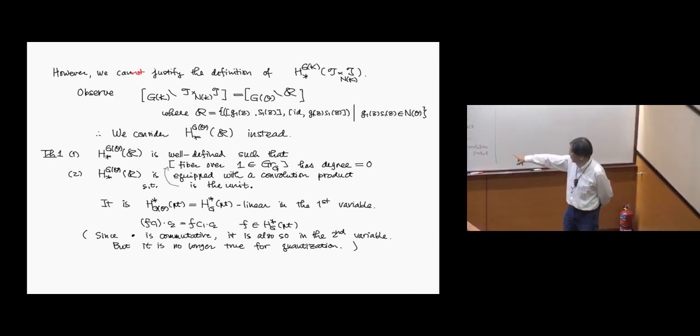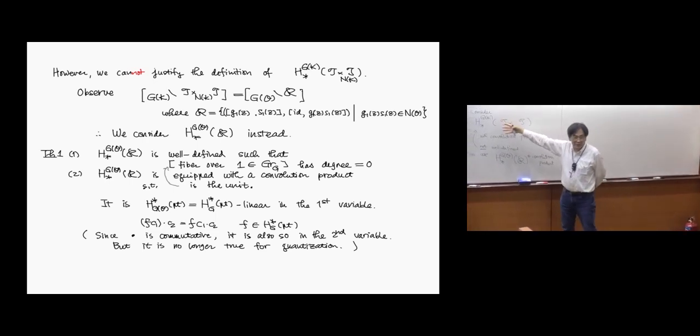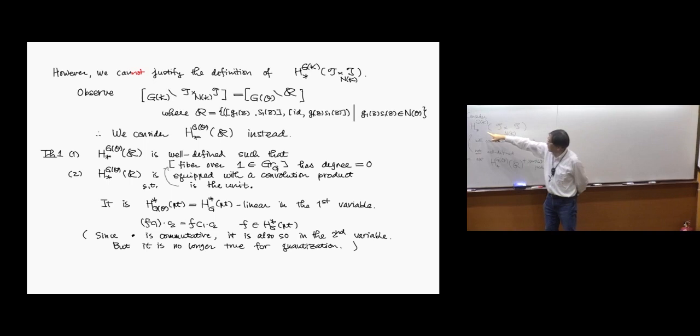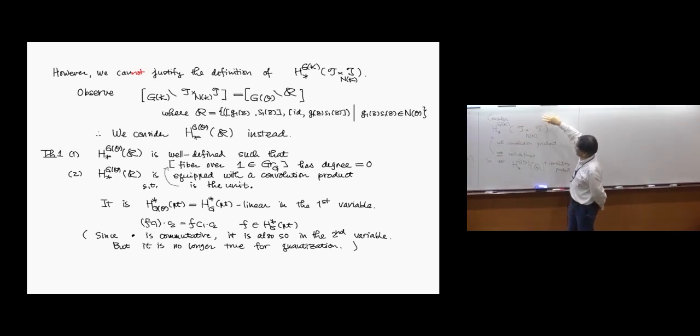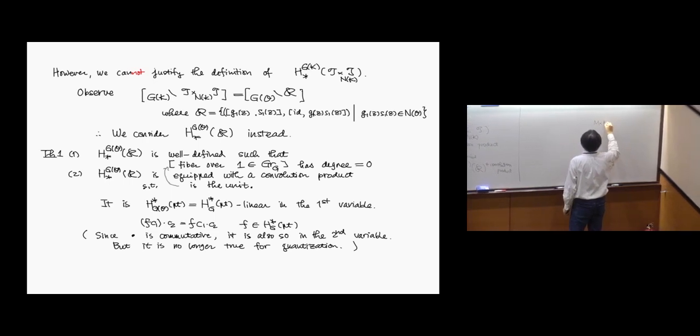Maybe a good exercise is to return to the finite dimensional situation, where you clearly have a convolution product on M cross M. Maybe I just erase, unfortunately.